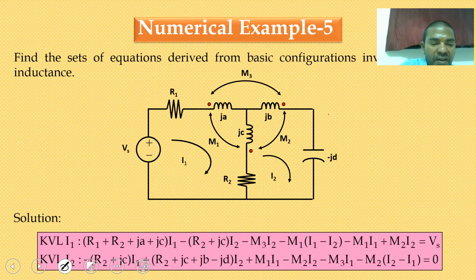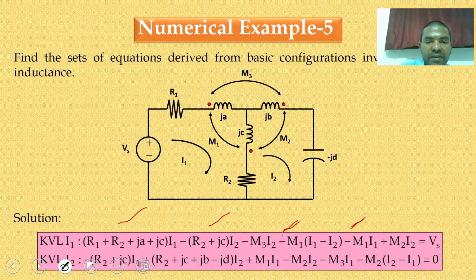Anyway, this drop and this drop are already familiar to you. Now I am concentrating on the mutual values. Here the I1 current is for JA and JC, mutually opposing, because with I1 current JA is starting dot, JC is ending dot. So while you are writing with I1, you are writing with minus sign.